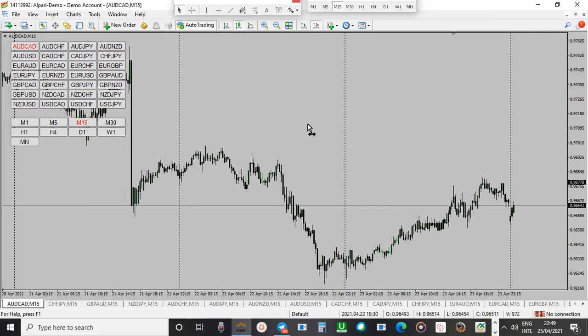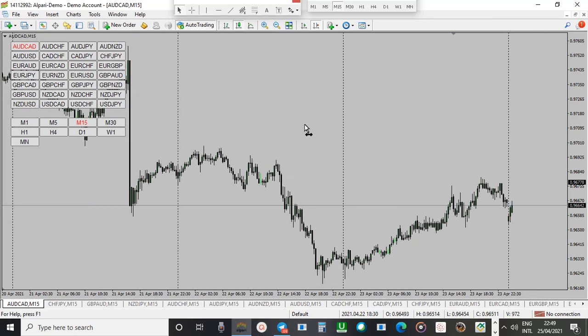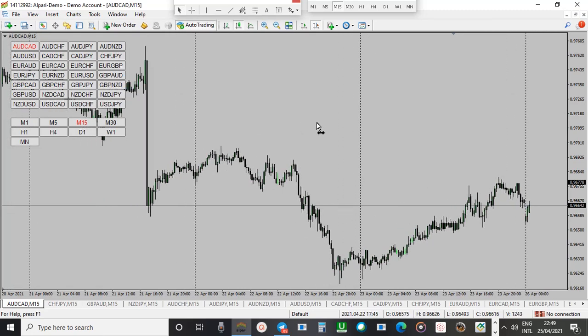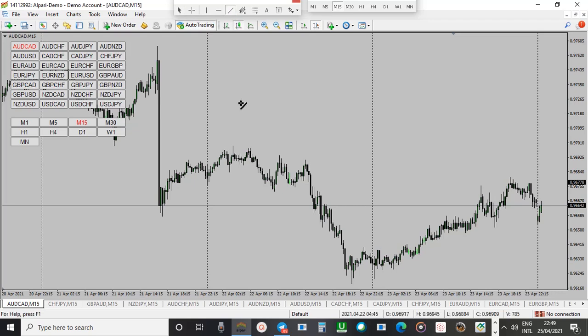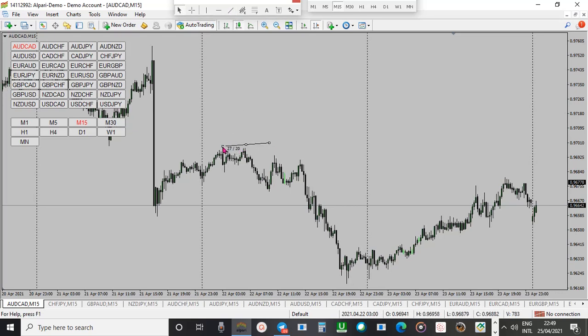be manipulated. Now, more often than not, liquidity resides, that is, money resides at double top. Double top, you can have double. This is double top. It will not be exactly double top. I prefer most of the time the 15 minutes time frame. It will not be exactly double top, but this one looks like double top.